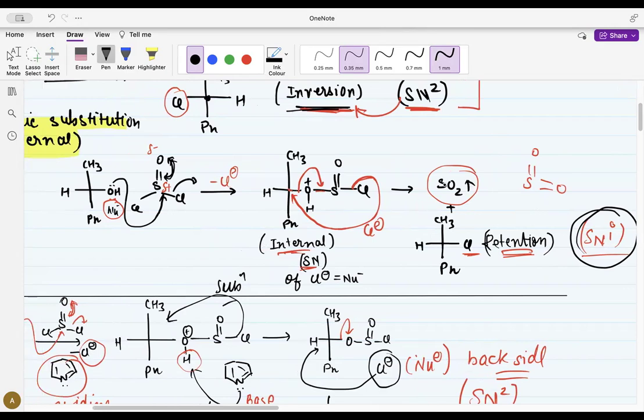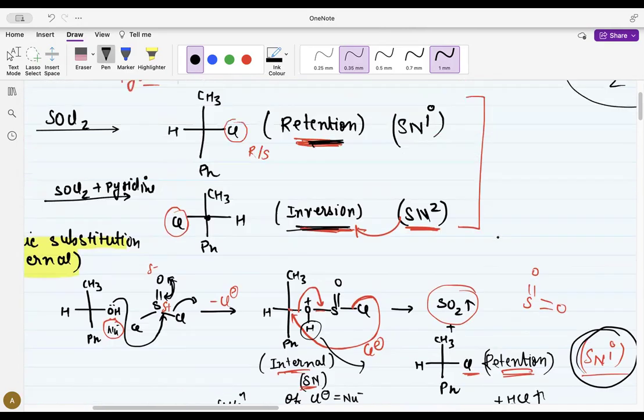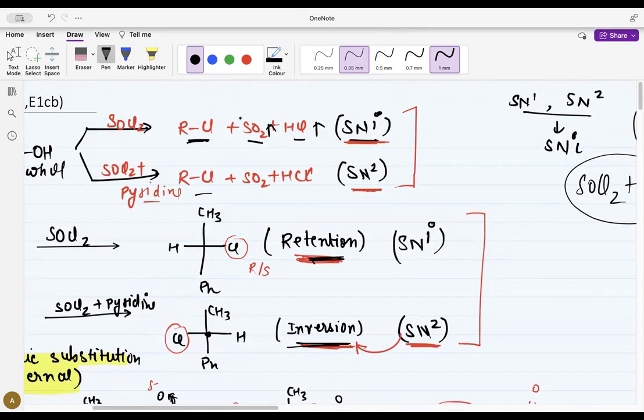The hydrogen goes here and there. This hydrogen was removed with Cl minus to give us HCl. In the product also, you know what the product was? SO2 will come and HCl will come with it. So HCl will be removed from this.